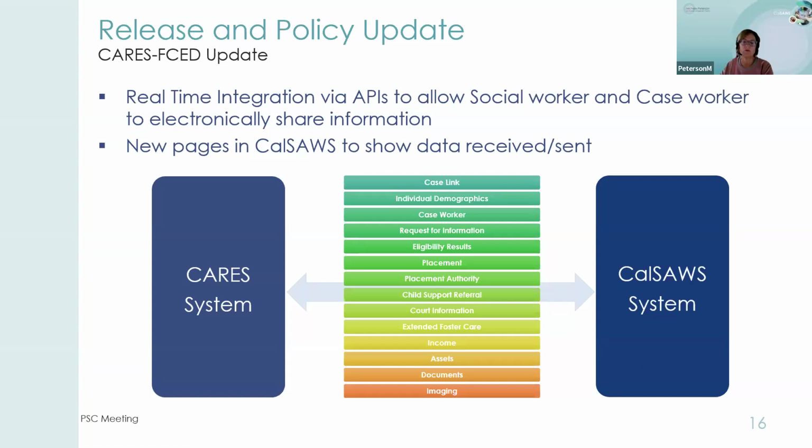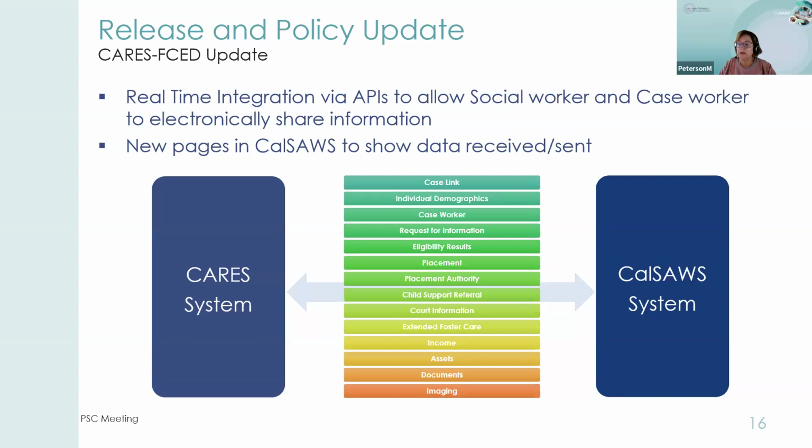So just wanted to share, we're still working with the CARES project to develop and have the initial set of APIs ready for November. We do have a couple of risks that we're working through with CARES that cover our integrated testing schedule, the final project test schedule, the extended user testing, which will come up in the spring of 2025, and then a conversion related item that we want to track with them.